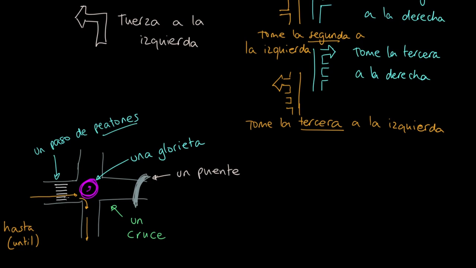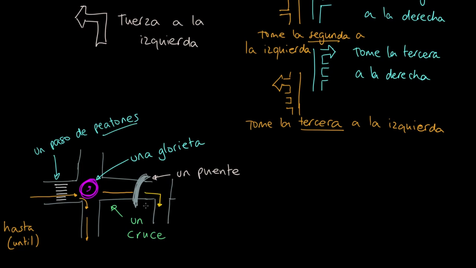O siga todo recto hasta el cruce. En el cruce, siga todo recto hasta el puente. And let's say there's a right turning here. Y en el puente o después del puente, gire a la derecha o tuerza a la derecha.